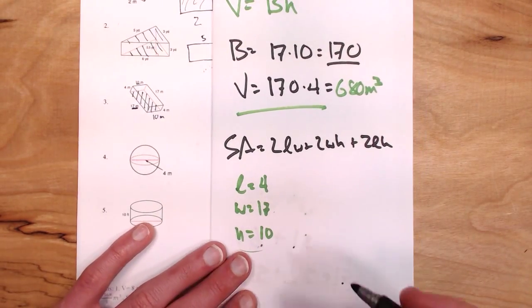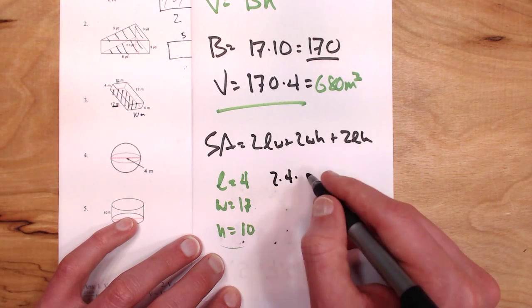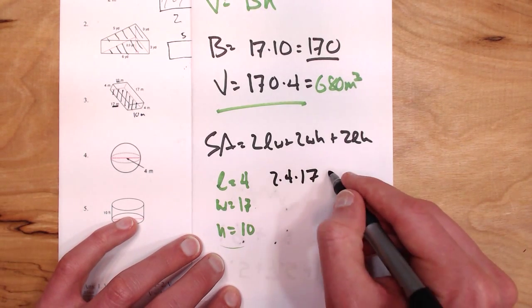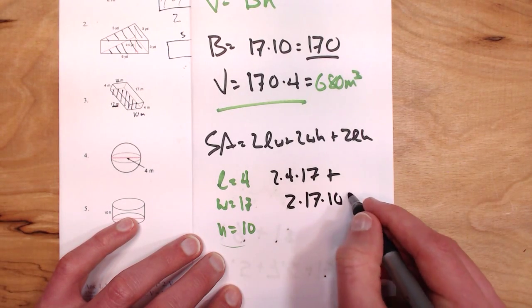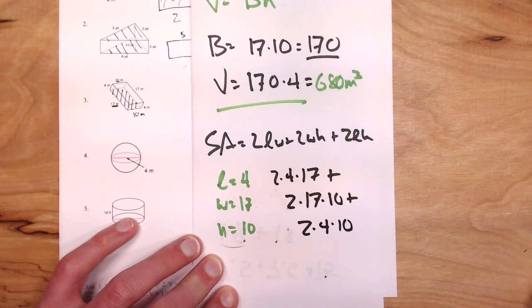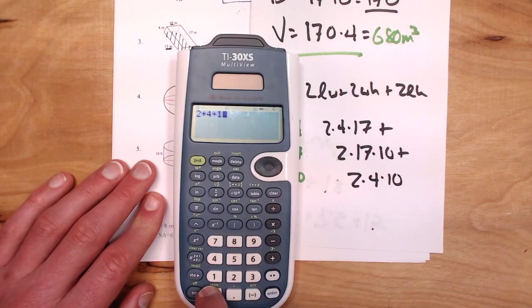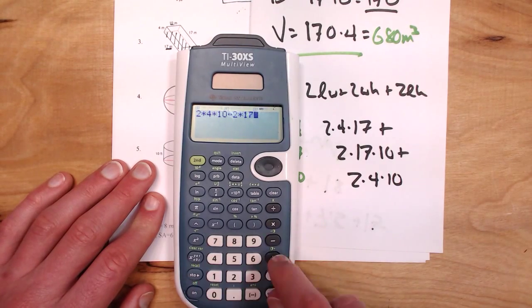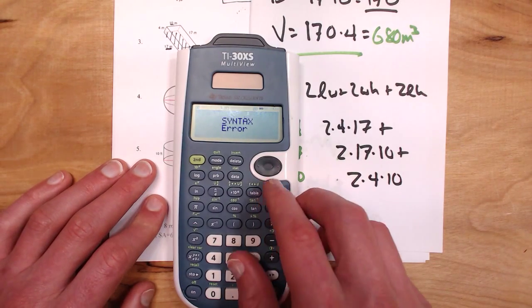Okay, so let's apply here. So 2 times 4 times 17, I'm just popping in the numbers here, plus 2 times 17 times 10, plus 2 times 4 times 10. Okay, so here we go. Syntax error.